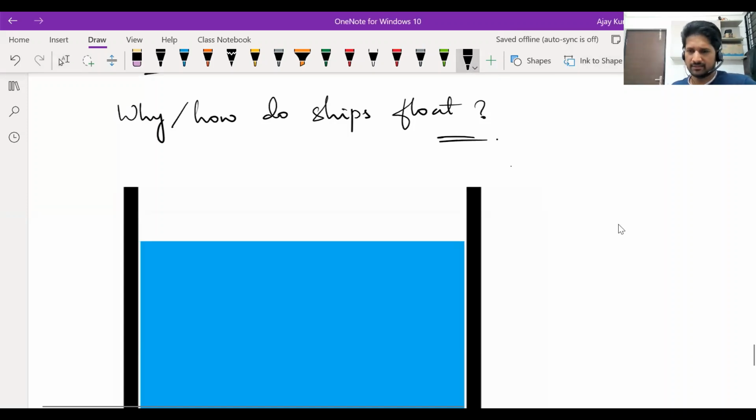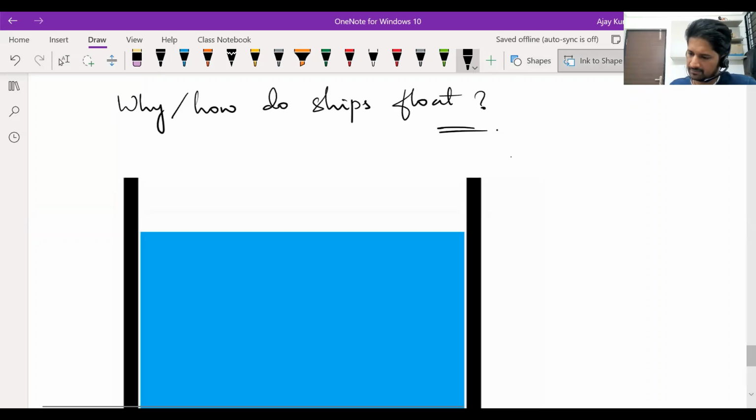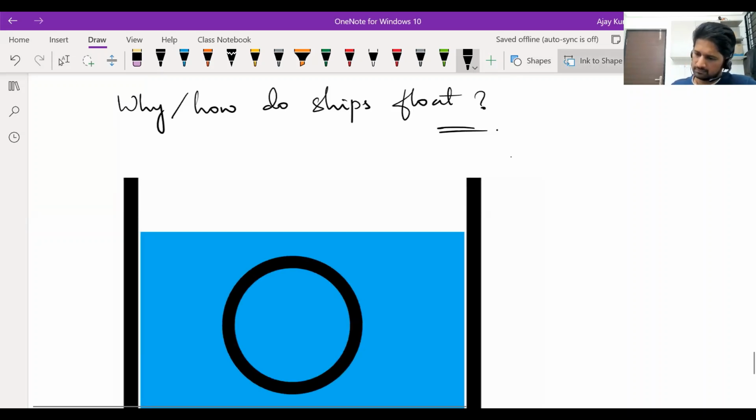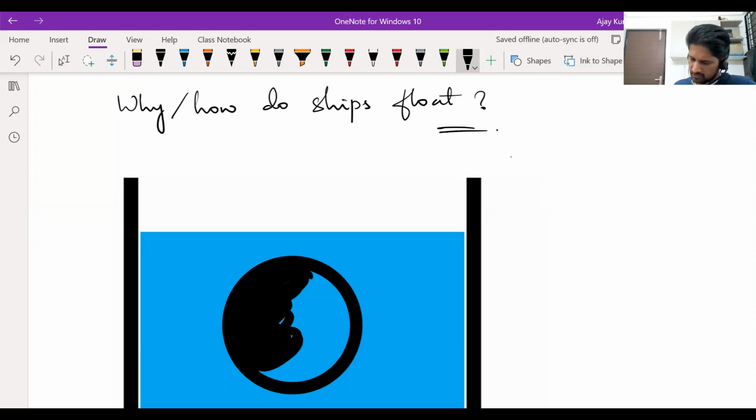Consider a sphere immersed in liquid. Assume it's a solid sphere, completely filled with the material.